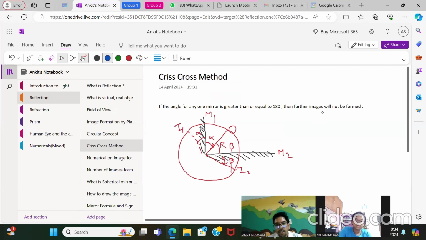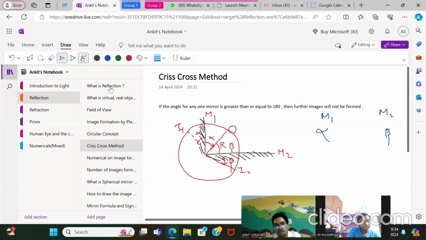For example, write M1 mirror, M2 mirror. On mirror M1, one image will be formed at alpha degree. For mirror M2, the second image will be formed at beta degree.